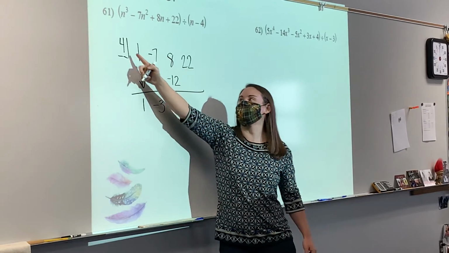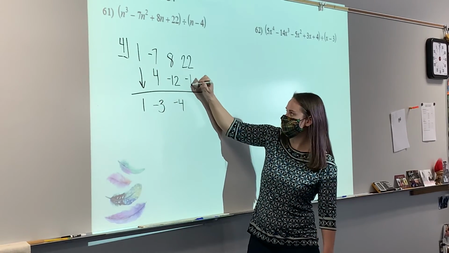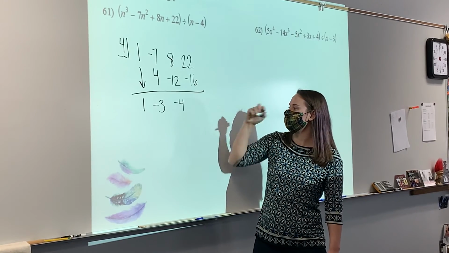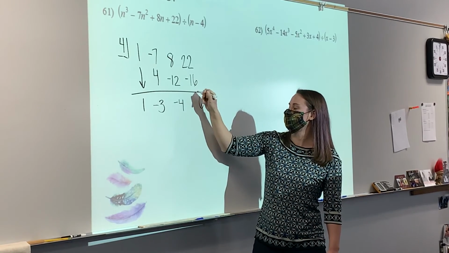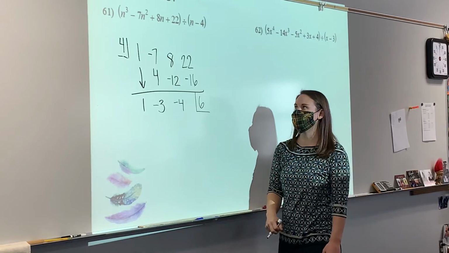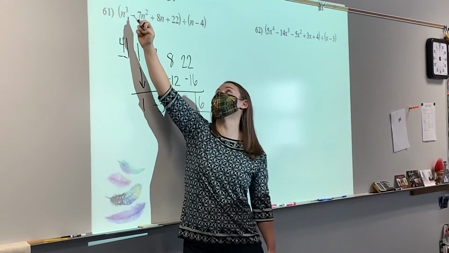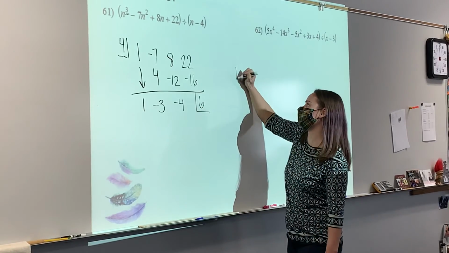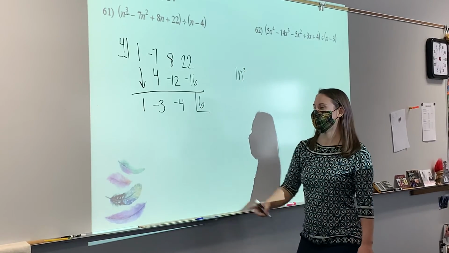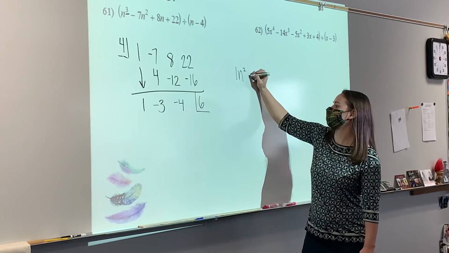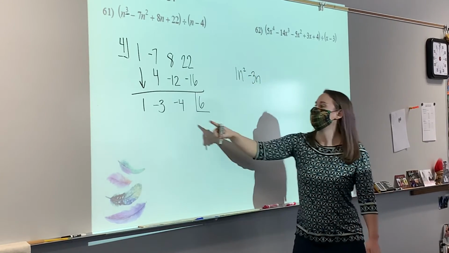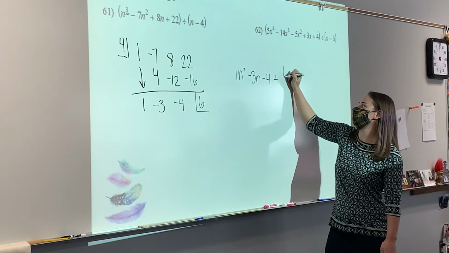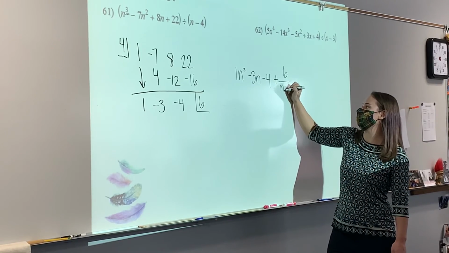Negative 4 times 4 is minus 16. 22 minus 16 is 6, right? Okay, so we go 1 degree down. This is a cube, so this is going to be a 1x squared, or in this case, a 1n squared, minus 3n, minus 4, plus a remainder of 6 over n minus 4.